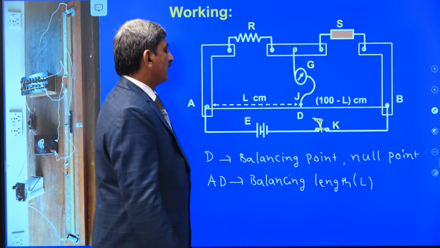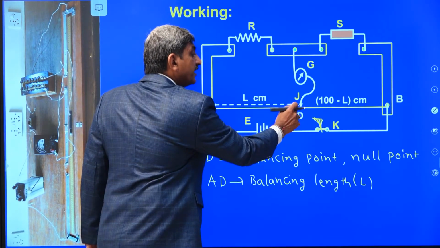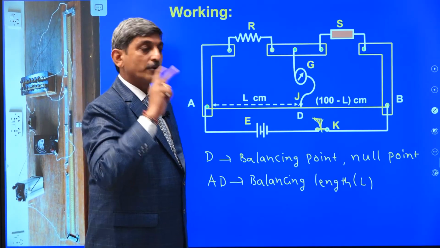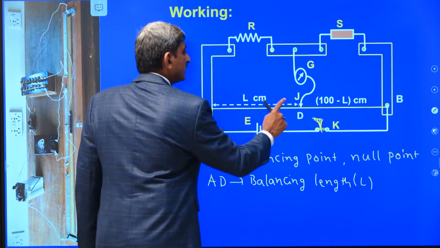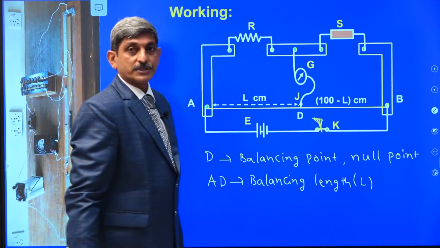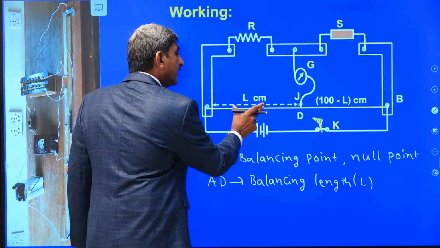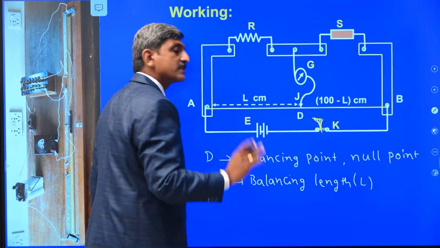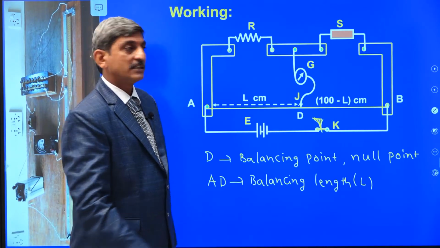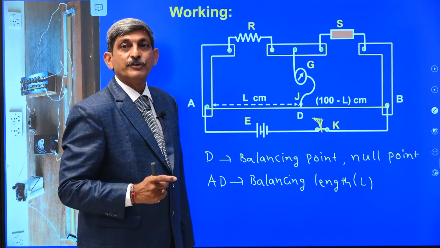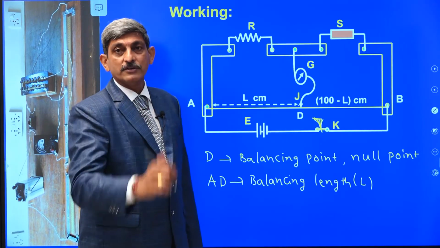Now, see, the jockey divides the given wire AB into two portions. One is the AD portion, the other is the DB portion. This AD portion is acting as one resistor and the DB portion is acting as another resistor. That's why when you see the diagram in detail, we can observe four resistors.